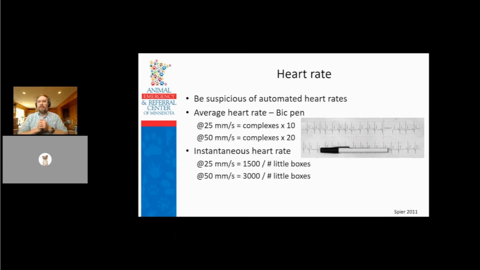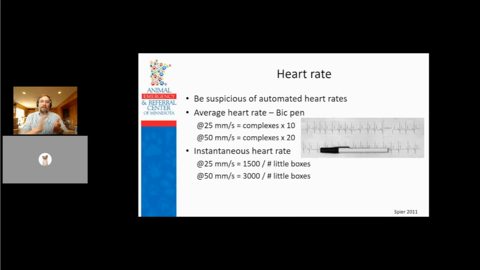Some people may have their set to 50. It doesn't really matter. I think it's maybe helpful to have it primarily at 25, unless you're doing specific measurements, just for your own pattern recognition. 50 is fine, you just go through paper twice as fast. But at 25, a Bic pen with the cap on is right about 6 seconds long.